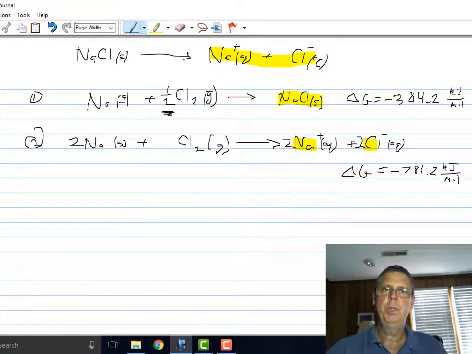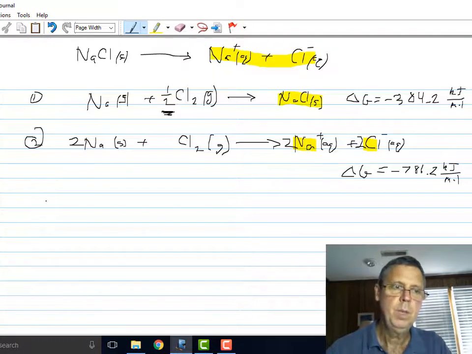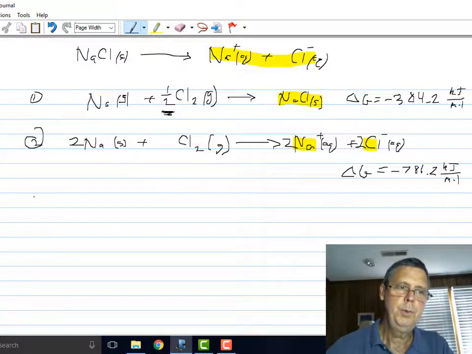And when we look at how to rearrange them, let me rewrite equation 3, which is really just the negative of equation 1. We'll flip it around.